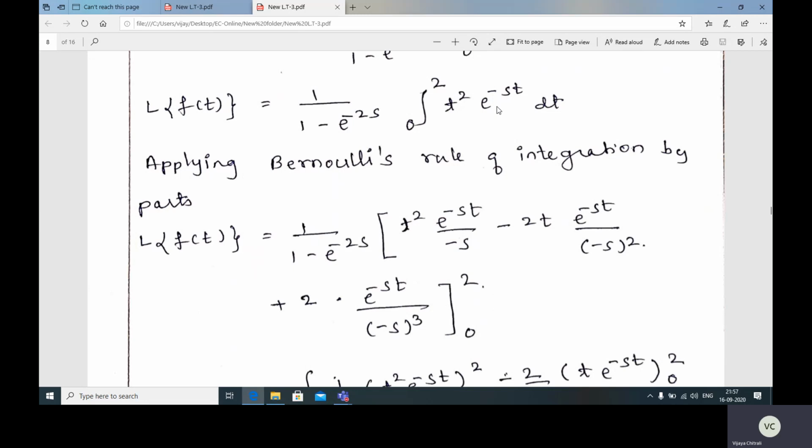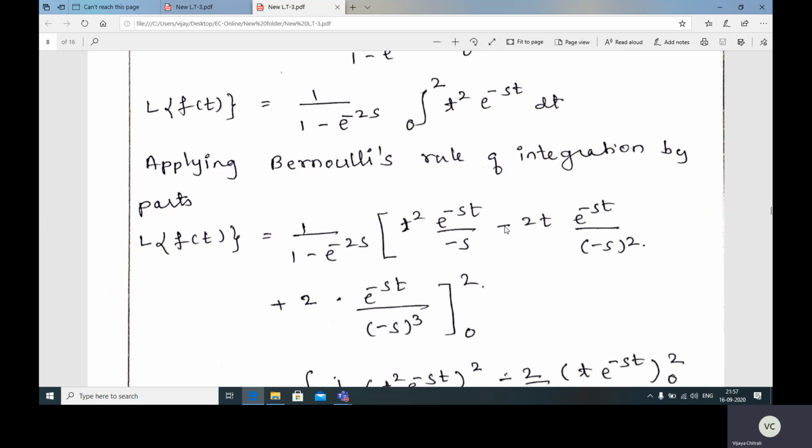So v is equal to e raised to minus st. So we have 1 divided by 1 minus e raised to minus 2s into a bracket. We are applying Bernoulli's rule of integration by parts. u is t square, as it is. Next, v1 is the integration of e raised to minus st, which is e raised to minus st divided by minus s. We have a plus here.